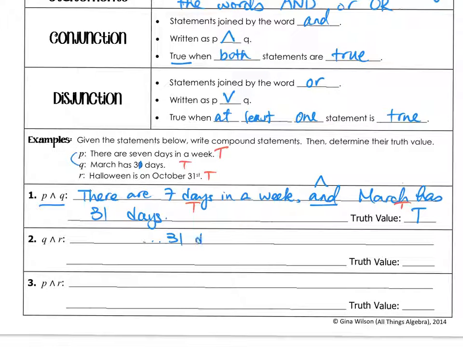So you say March has 31 days again, and Halloween is on October 31st, and this also is true. Third example, we have P and R. So again, there are 7 days in a week, which is true.